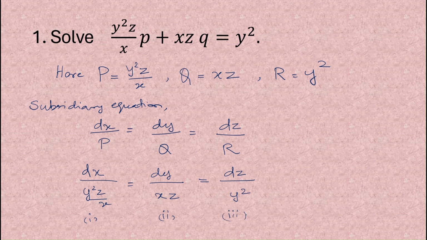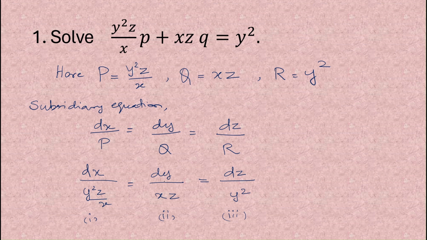So now by the method of grouping, how to solve this equation. First we have to group any two ratios together such that it is easy to integrate to find the solution. So first of all, let us consider ratios 1 and 2. It involves the derivatives dx and dy alone.